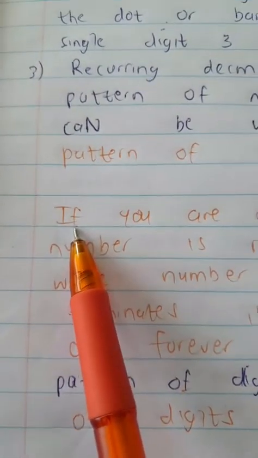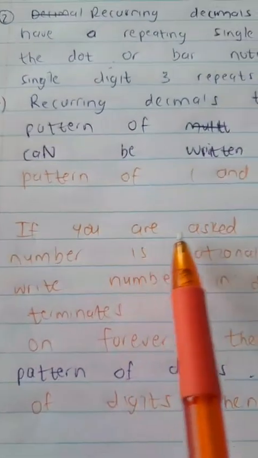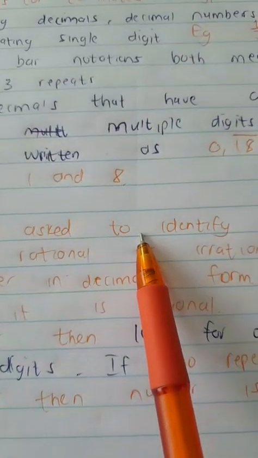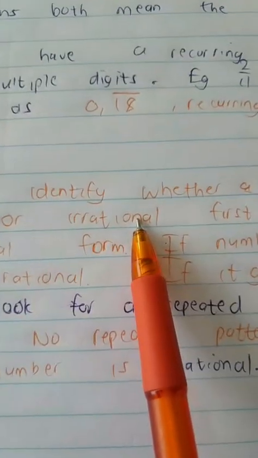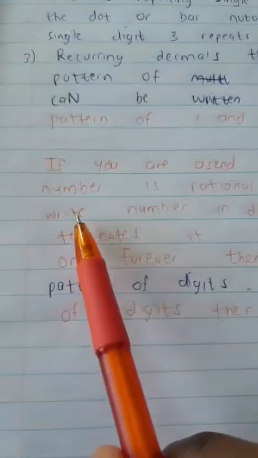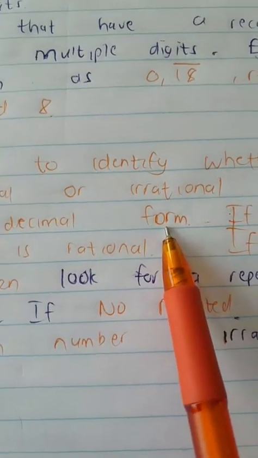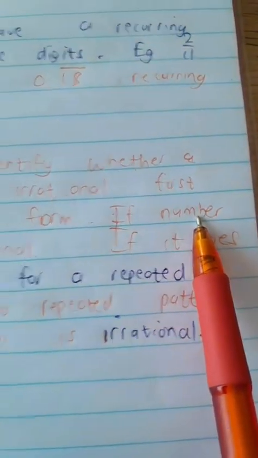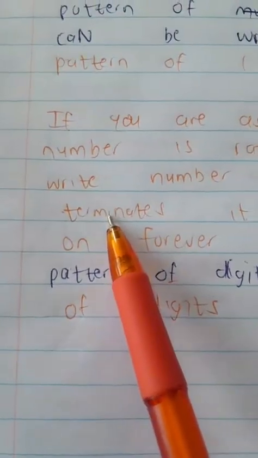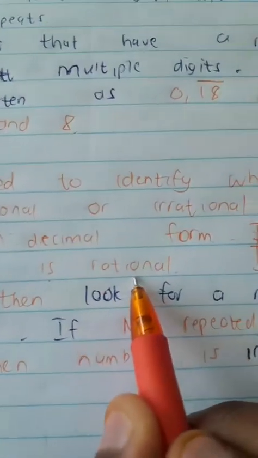So here's a concluding statement before we close. If you are asked to identify whether a number is rational or irrational, first write the number in decimal form. Your calculator can always help you with that. If the number terminates, it is rational.